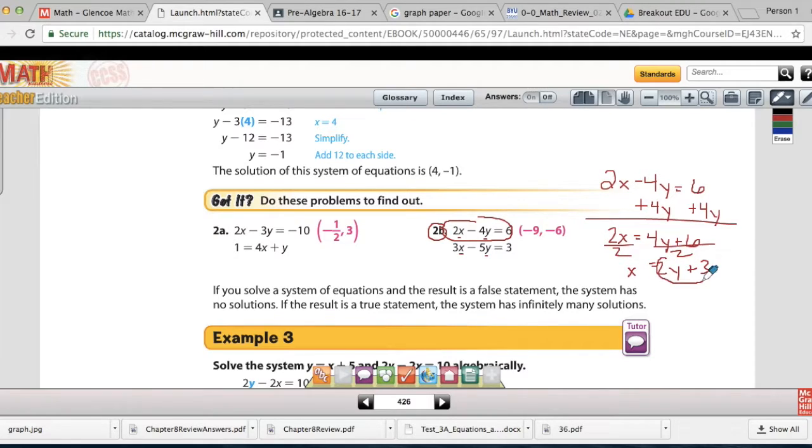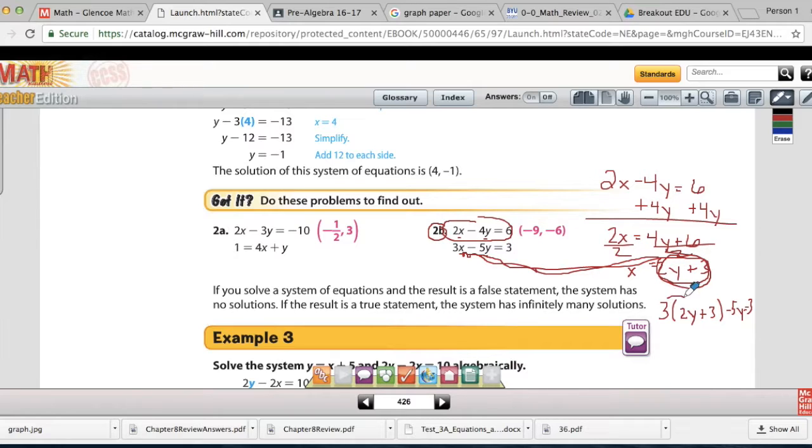Wherever I see an x now, I should be able to plug that into my equation and get my answer. So 3x, or 3 times 2y plus 3, minus 5y equals 3. All I did in that step was put what x equals in for x in my second equation.